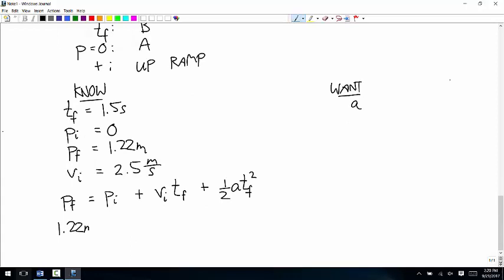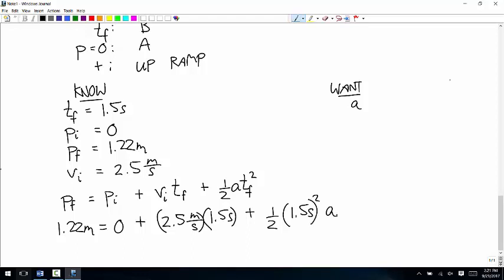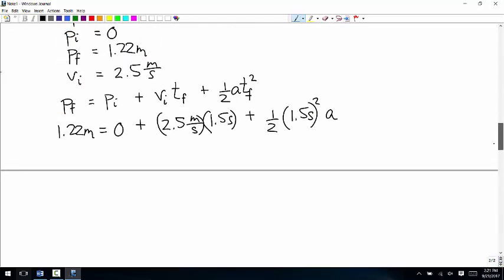So 1.22 meters is equal to 0 plus 2.5 meters per second times 1.5 seconds plus 1/2 times 1.5 seconds squared times A. 0.5 times 1.5 is 3.75. And so what's 1.22 minus 3.75?